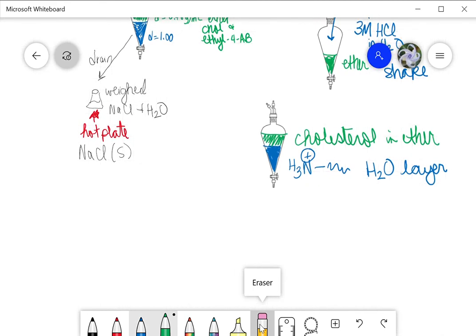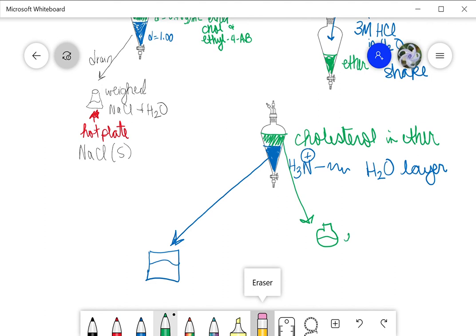My water layer, I'm going to drain that into a beaker. And my cholesterol, I'm going to drain that into a round bottom.